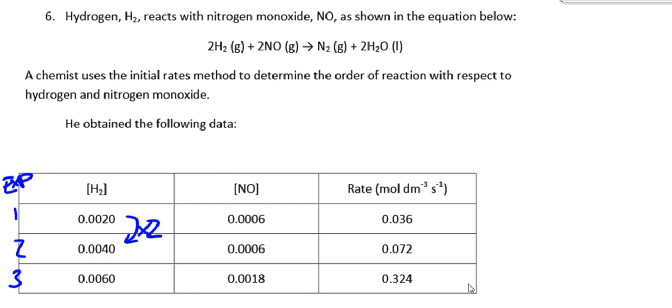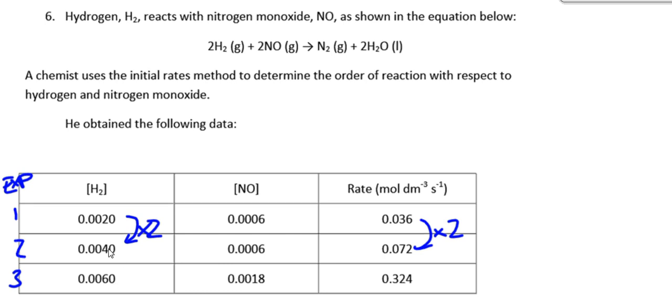Here, if I'm looking at 3672, that also looks like it's times by 2. So I'm fairly certain that with respect to hydrogen concentration, the rate will increase by 2 if you double it, so it's first order with respect to the hydrogen concentration.